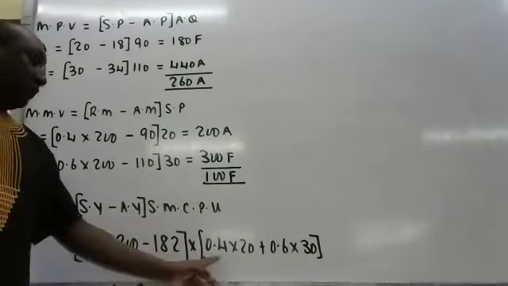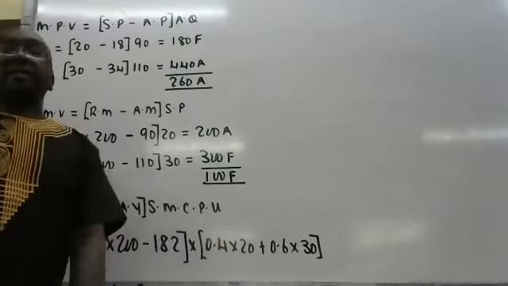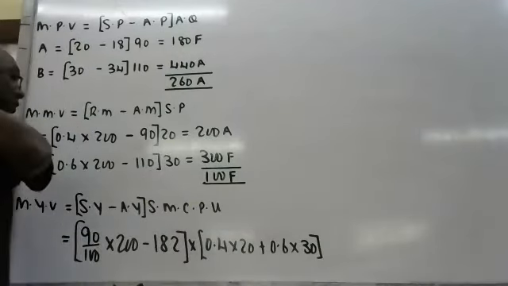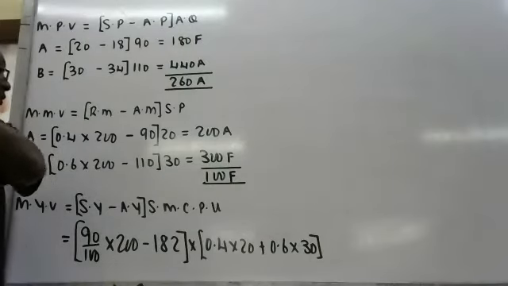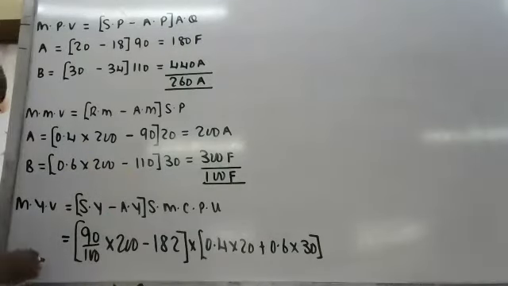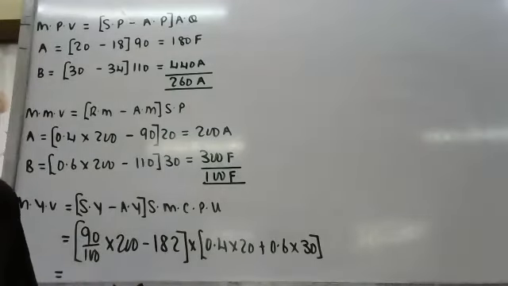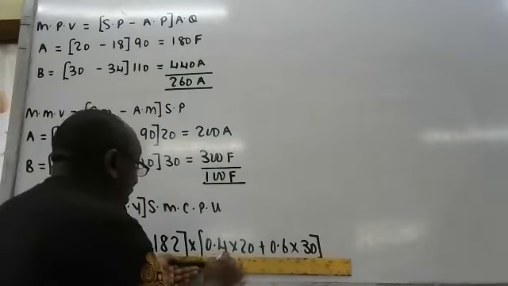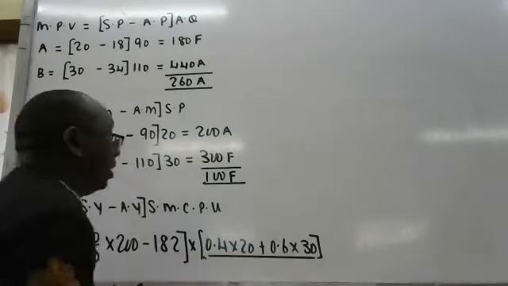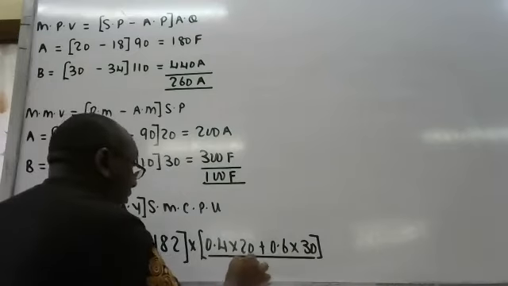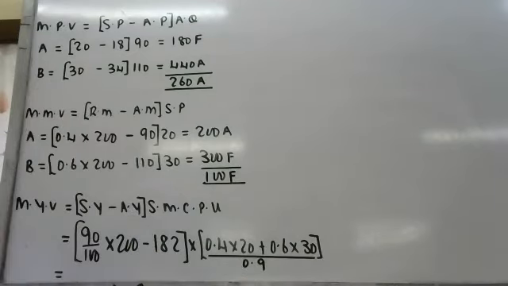That is 1 unit, 0.4 of A and 0.6 of B. So that is what you get out as the yield. So this one must also be divided by 0.9.